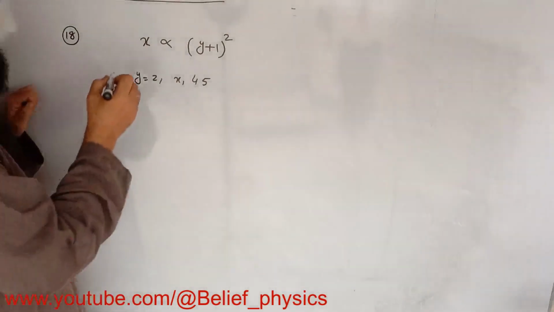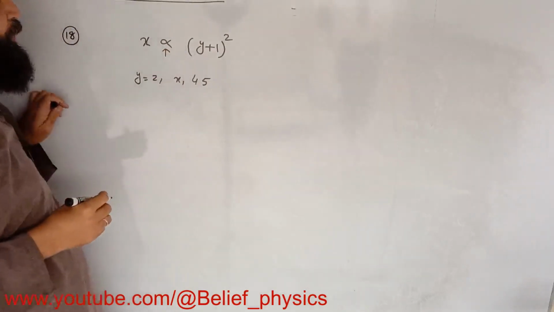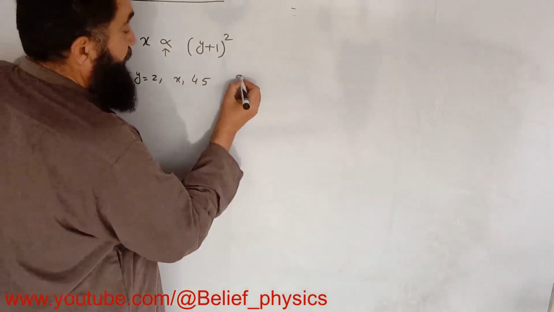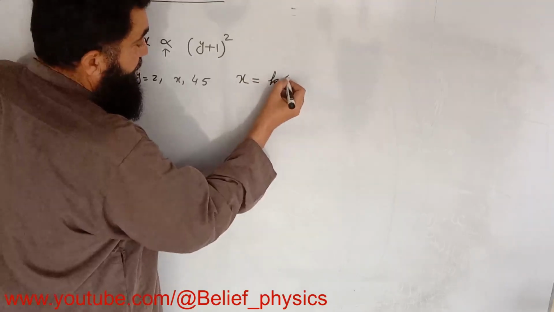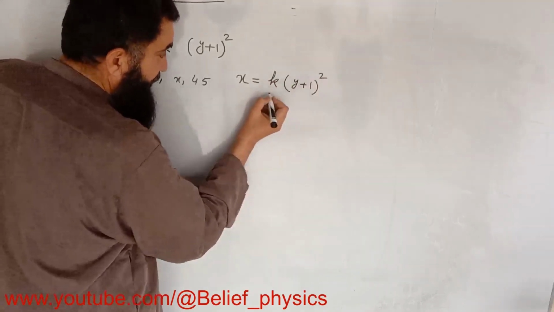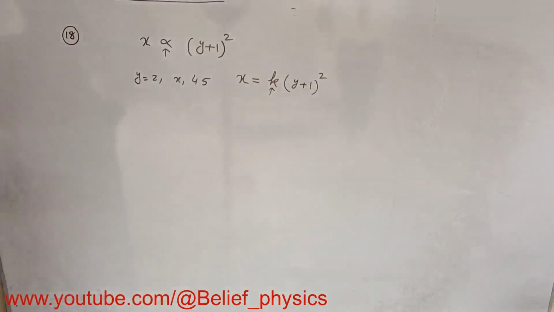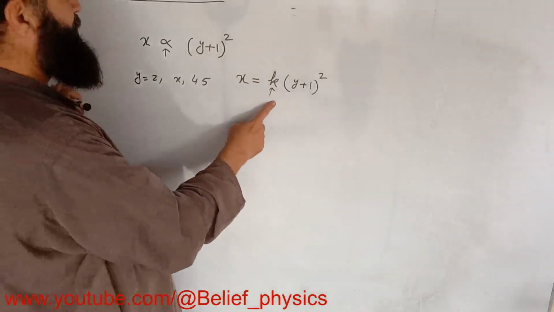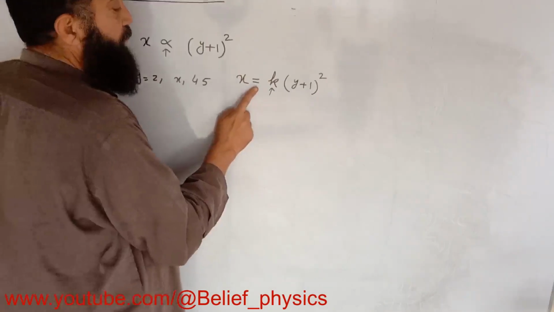In order to change this proportional sign into an equality sign, we will write it like this: x is equal to k times (y plus 1) whole squared. This k is the constant of proportionality. We have inserted this in order to change the proportionality sign into an equality sign.